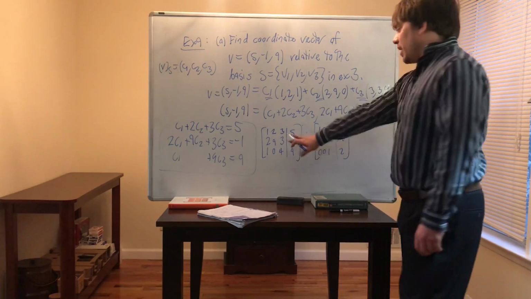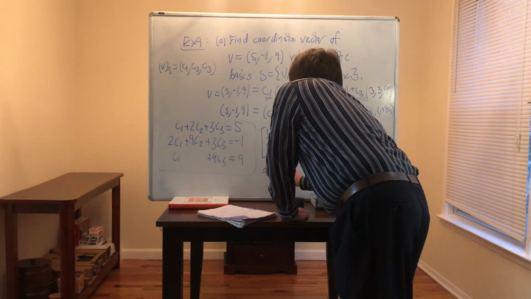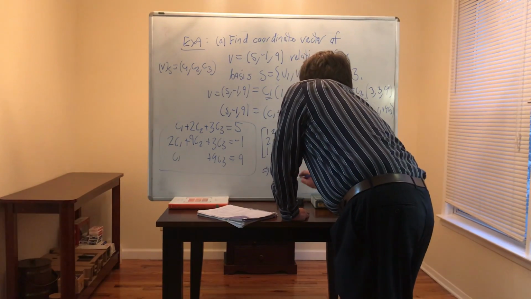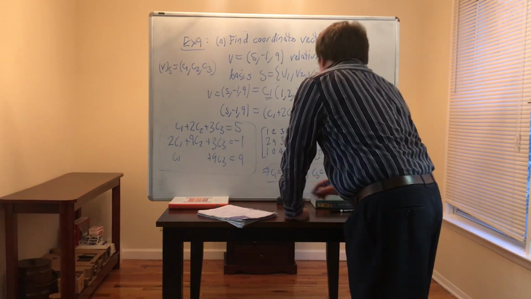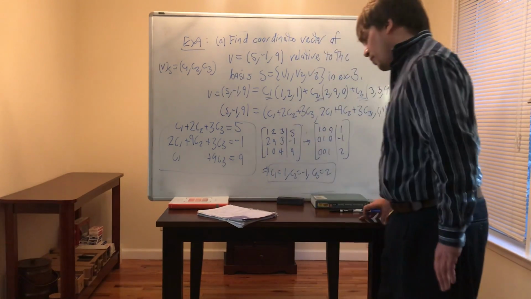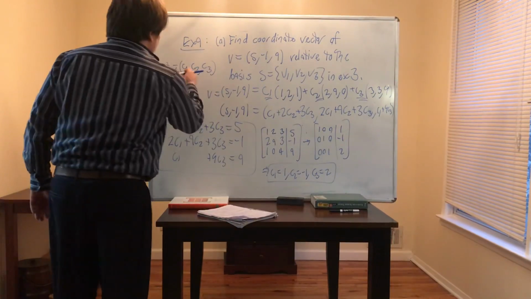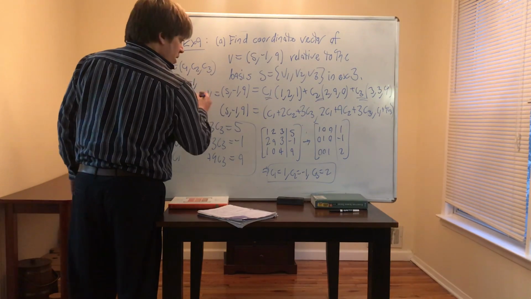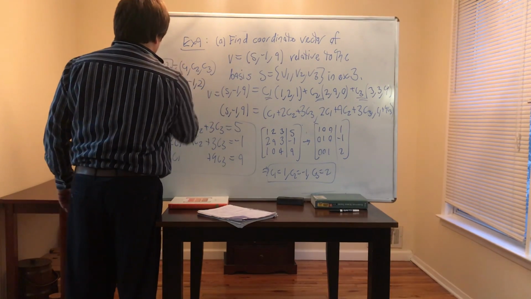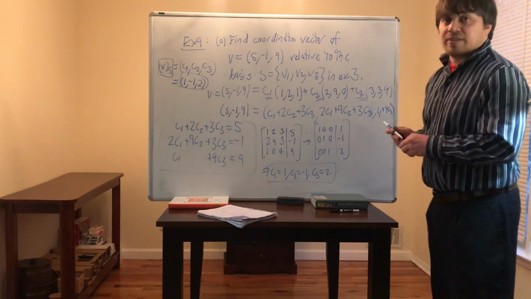Getting this matrix to reduced echelon form, that implies that C1 is equal to 1, C2 is equal to -1, and C3 is equal to 2. So the coordinates of V relative to S is (1, -1, 2). And that's the answer to part A, example 9.